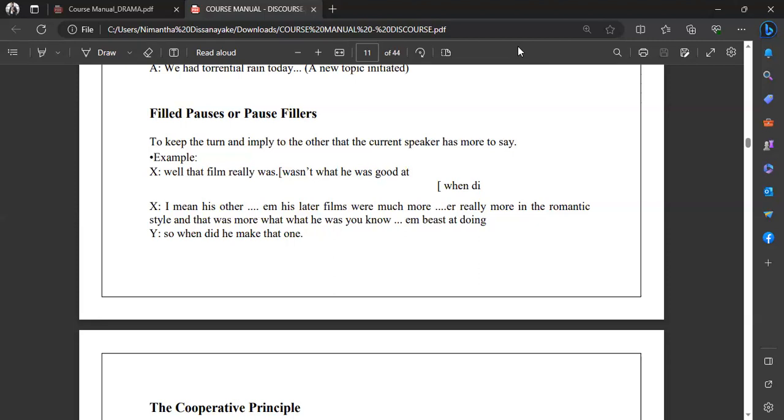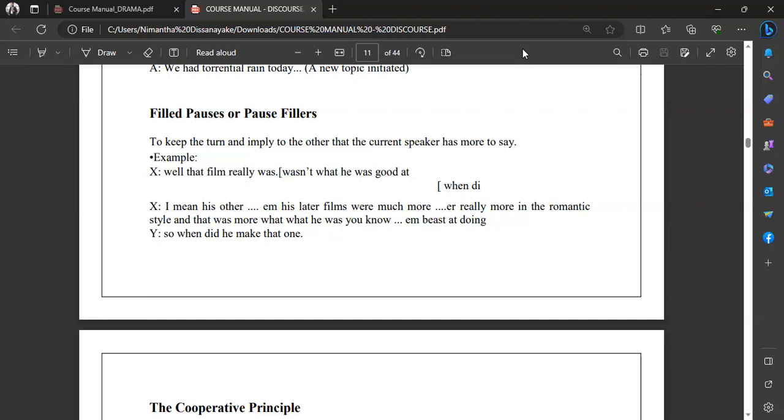They try to get whatever the incidents happening from memory and recall it. Therefore, you may take time to utter the words or sentences, right?